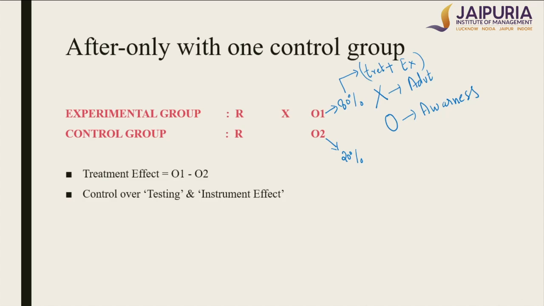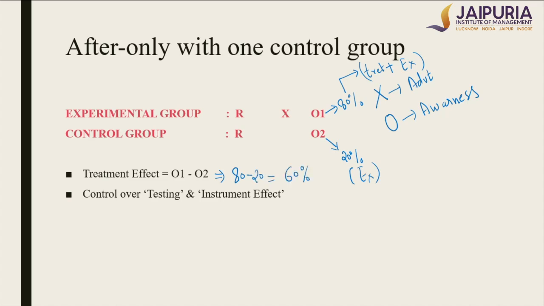Since the internal characteristics of both the groups are the same, the effect of extraneous variables will be the same. So whatever 20% awareness we are getting in the control group is due to the extraneous variables. In order to get the effect of the treatment, or effectiveness of the advertisement, we need to subtract O2 from O1, that is 80 minus 20, which is 60%.